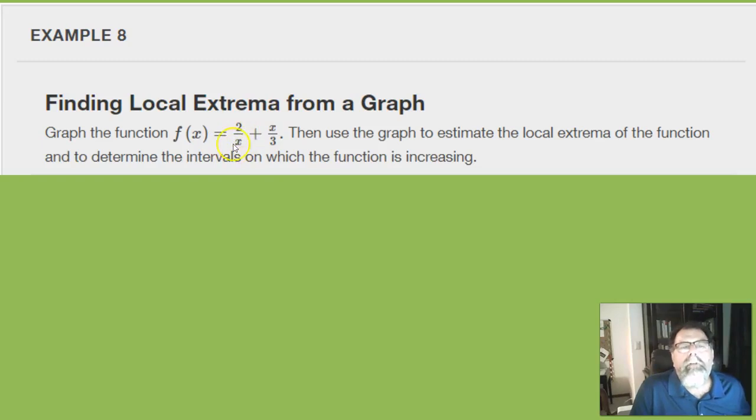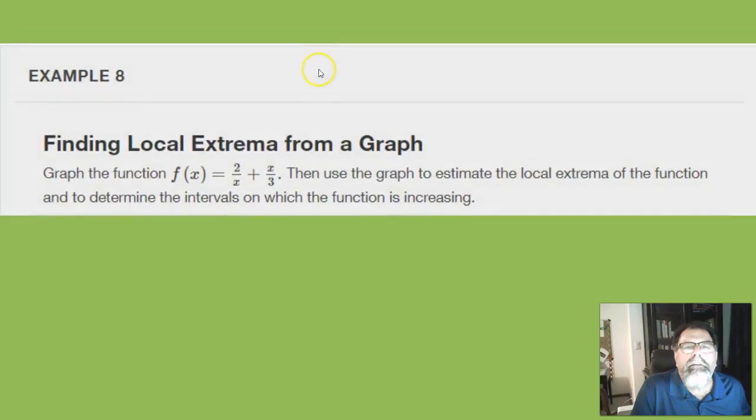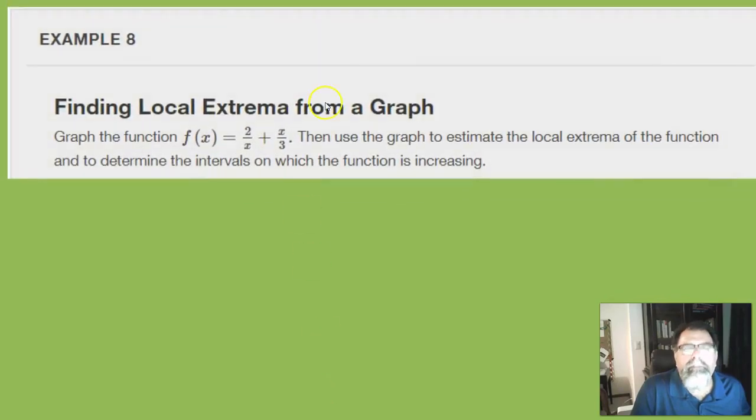The 2 over x is from our toolkit of functions, right? The 1 over x is something like this. So 2 over x is going to have a similar shape, just a little bit more pronounced.